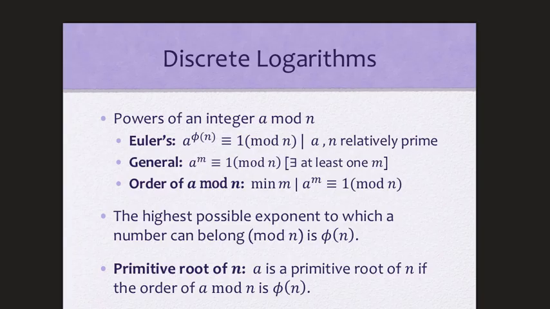Now we can generalize: we can find an integer m, not necessarily equal to phi of n, such that a to the power m is congruent to 1 mod n, again for the case that a and n are relatively prime. Is this true? It's always true because there exists at least one solution to this.